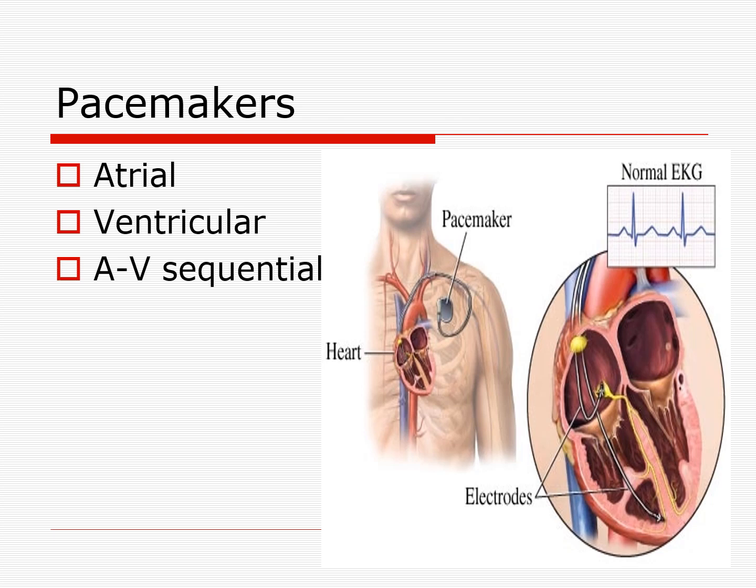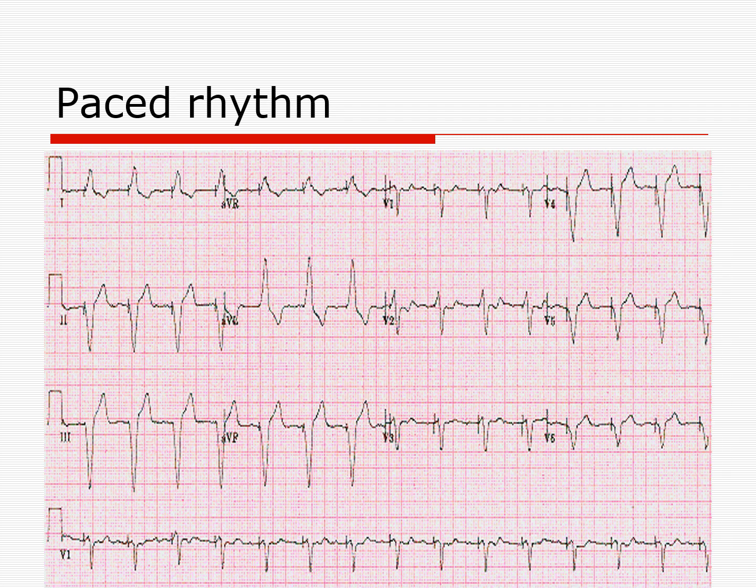You can have atrial pacemakers, ventricular pacemakers, or AV sequential pacemakers, depending where they place them or what part of the heart is damaged. And those little spiky things, I know it's hard to see them, but there's a tiny straight line right before the QRS complex, and those are pacer spikes.